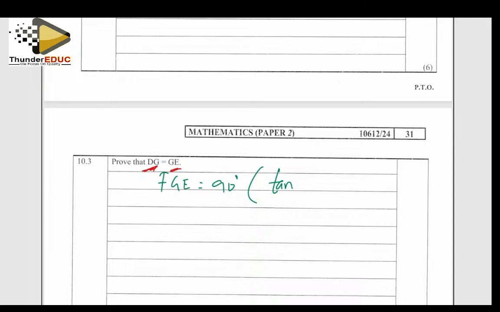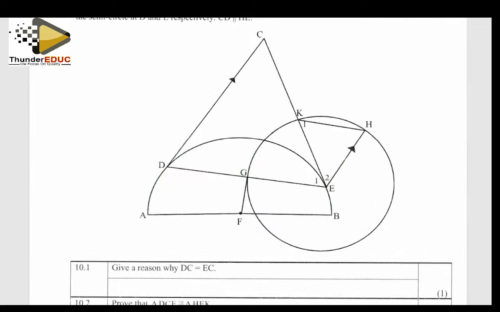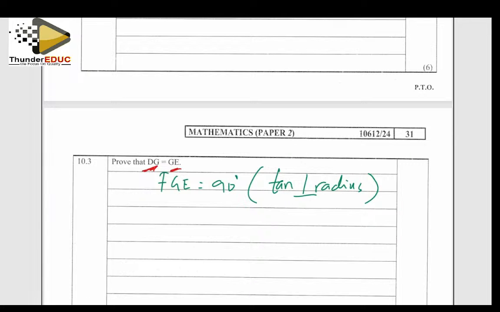Reason, the tangent is perpendicular to the radius. And if this is a 90, then we know that this F is the center of the semicircle. So a line from the center of the circle that is perpendicular to the chord must bisect the chord. So we're just going to write that reason.